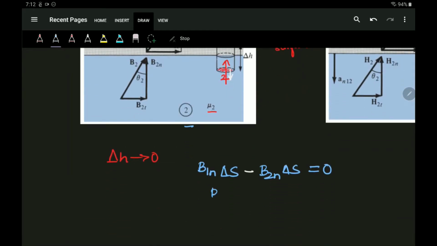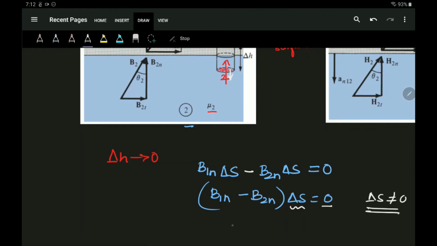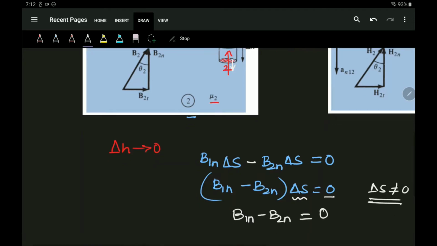If I take delta S common, the simplified expression is B1n minus B2n times delta S equals 0. But obviously my surface area cannot be equal to 0. Hence B1n minus B2n, the difference of the normal components of magnetic flux density, should be equal to 0.